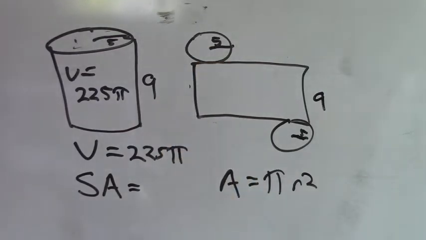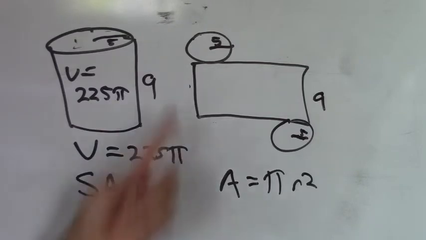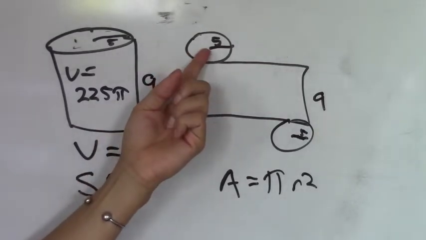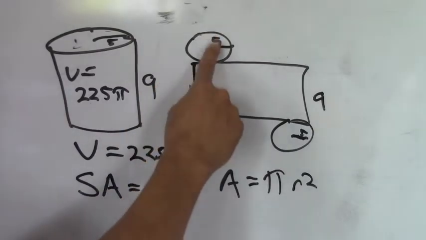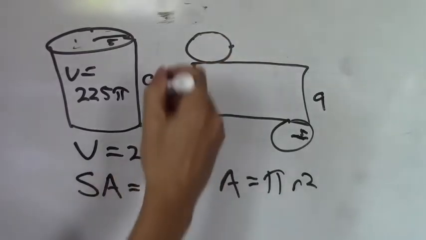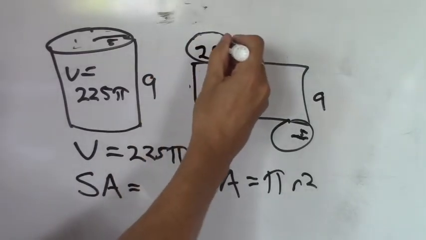What's the area over here? 5 pi. Incorrect. 25 pi. That's correct. And then down here is 81 pi.